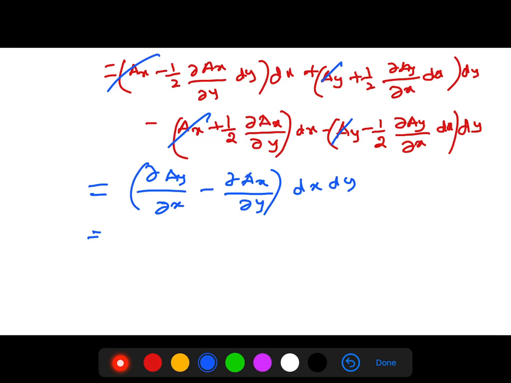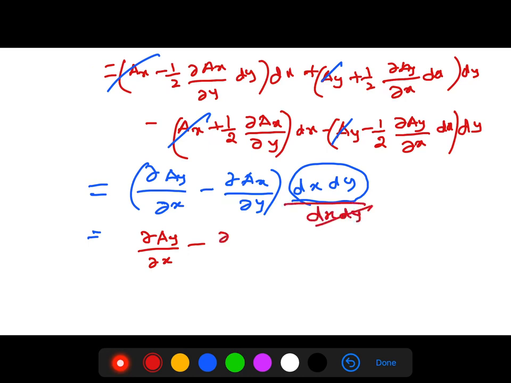Here dx dy is the area. So the line integral per unit area gives, if we divide, dx dy will cancel out.